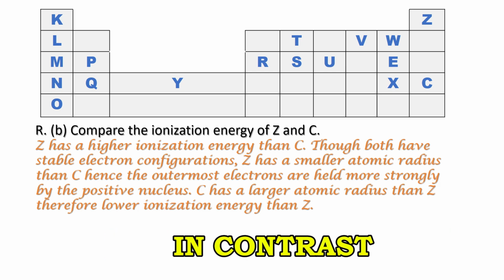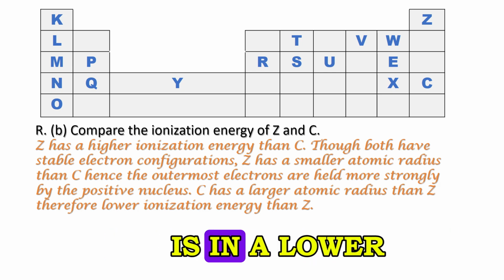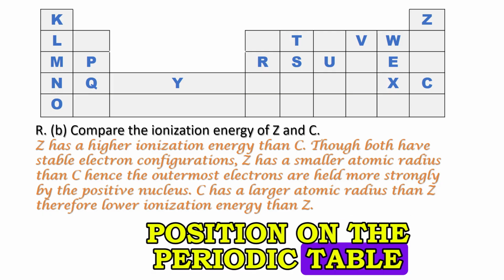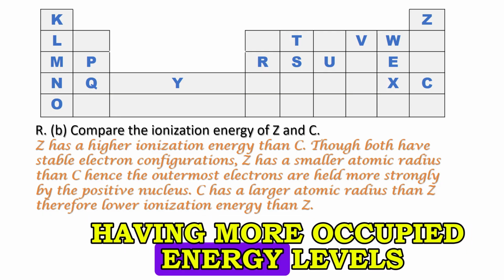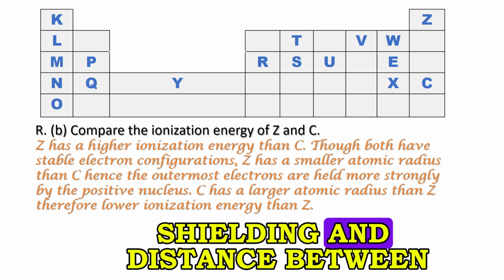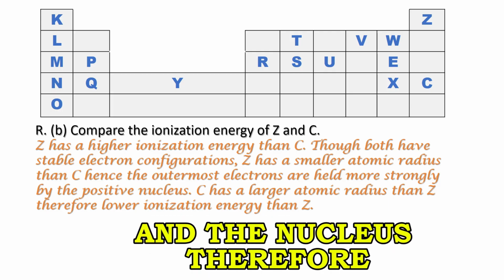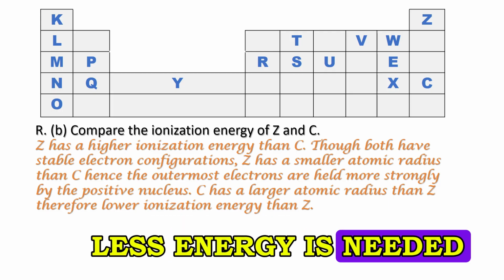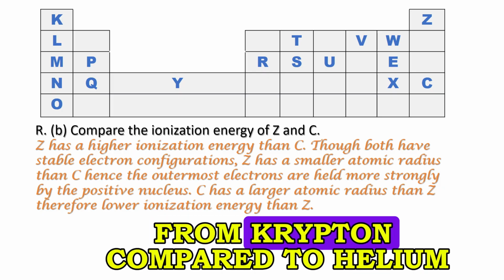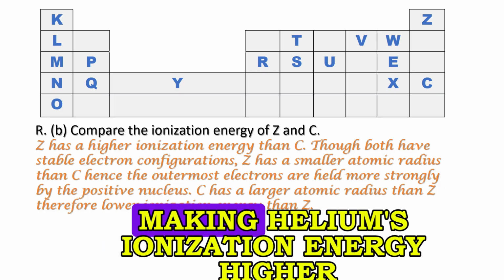In contrast, C, though stable, is in a lower position on the periodic table, having more occupied energy levels that increase shielding and distance between the outermost electrons and the nucleus. Therefore, less energy is needed to remove an electron from krypton compared to helium, making helium's ionization energy higher.